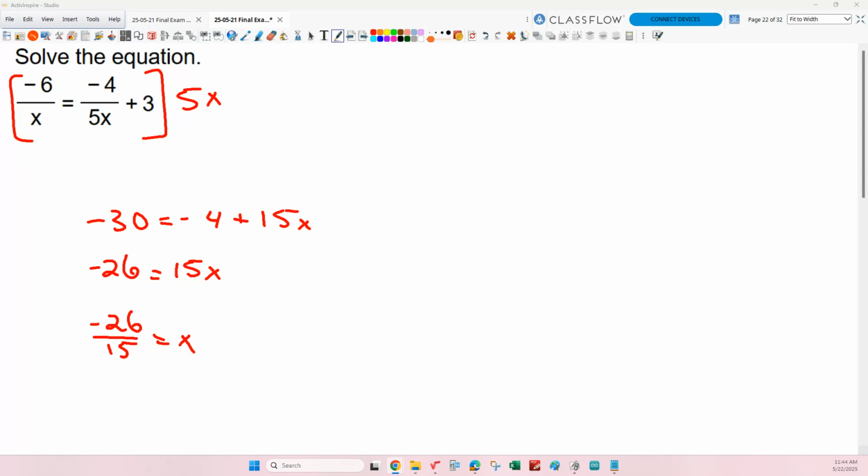And in this case, we cannot reduce it down, because the only factors of 26 are 2 and 13, and neither of those go into 15. So this would be the answer. And then, I don't know if it asks, but what would the excluded value be? Yeah, 0. We doing okay with solving them?